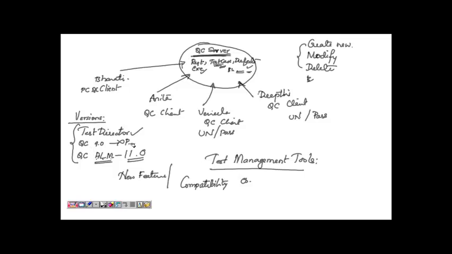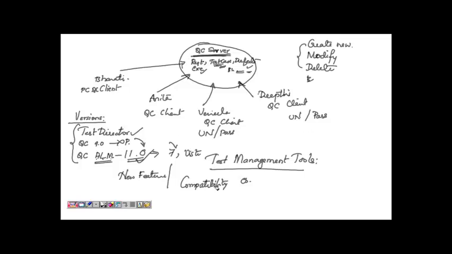But when we had the new versions of the operating system, that is, Windows 7 and then Vista, it was not much compatible. So we came up with 11.0. Because your operating system version is changing, they are upgrading this quality center version so that they can suit the operating system that you are using.